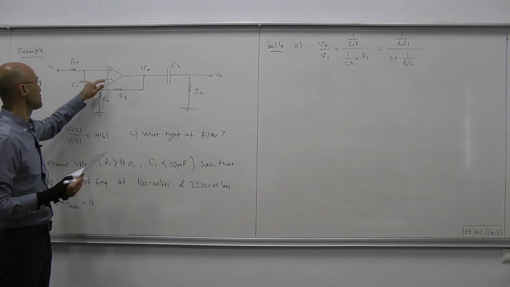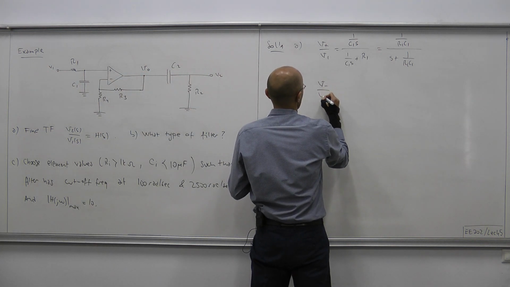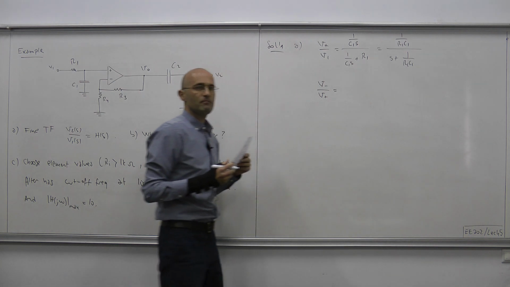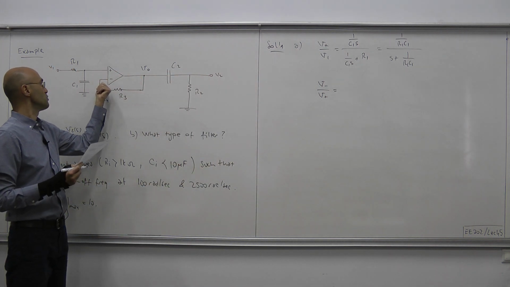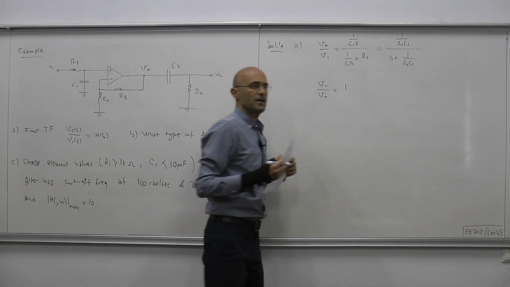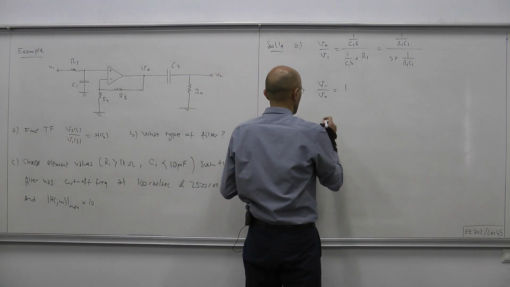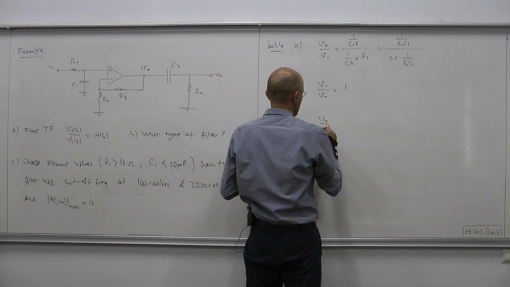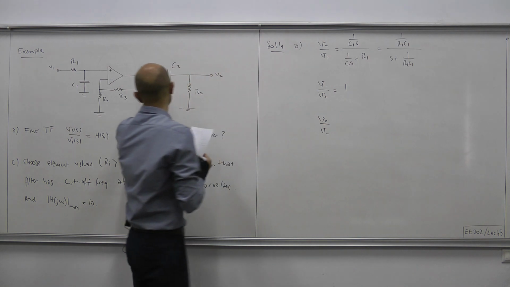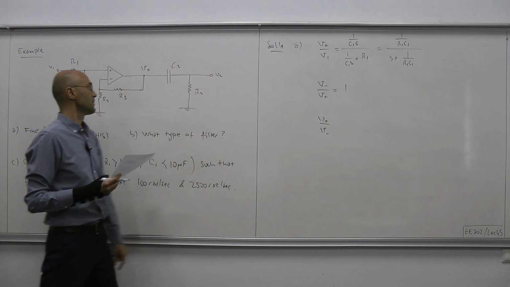And then from V plus we go to V minus, which is easy. V minus over V plus equals, the op-amp is in linear region, therefore these two node voltages must be equal to one another. Hence we have the ratio 1. Then comes V out over V minus. This is the output voltage of the op-amp, not of the filter.